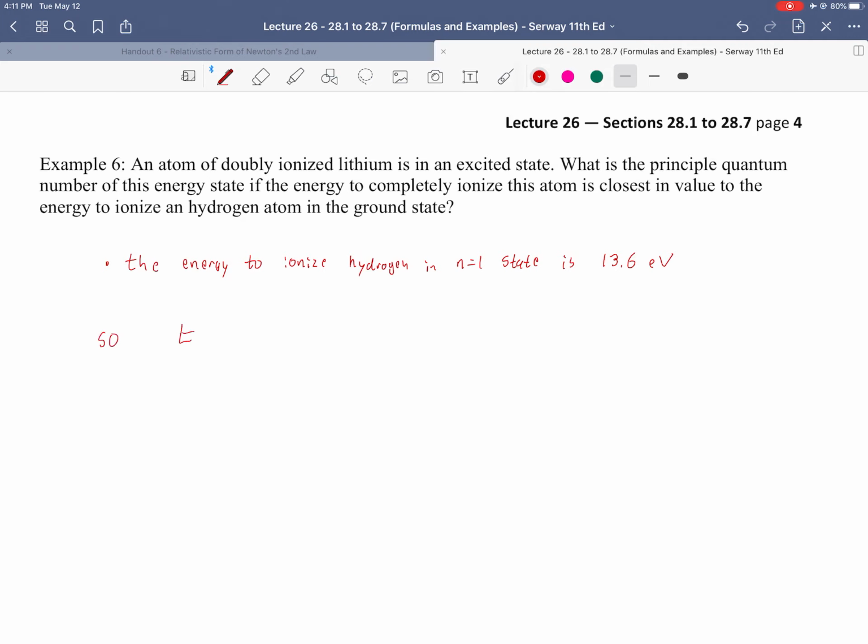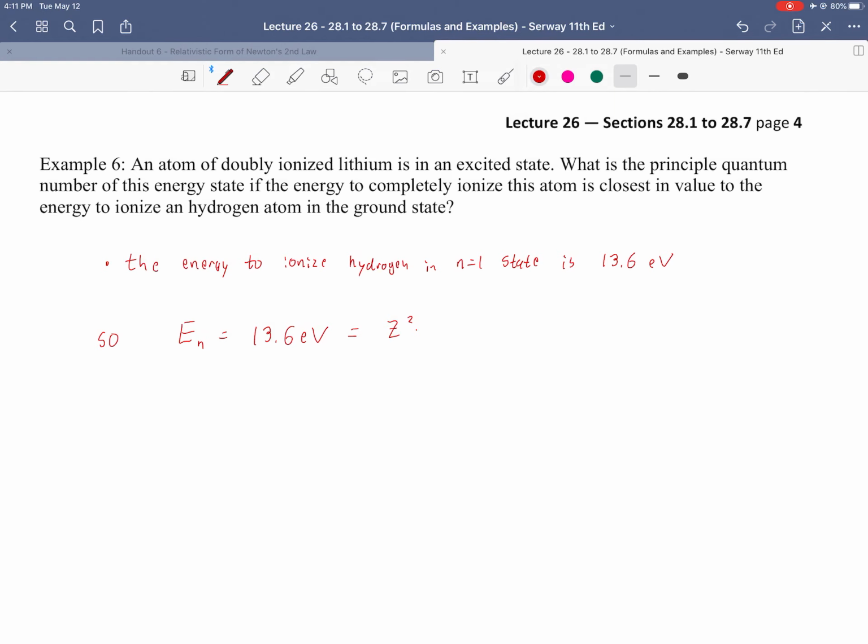So then we want to set E_n equal to 13.6 electron volts, where E_n is going to have the expression with Z. Since this is the energy input, we're not going to have the negative, because we're not talking about the total energy of the electron. We're talking about the energy it takes to go in, which is just the negative of the energy of the electron.